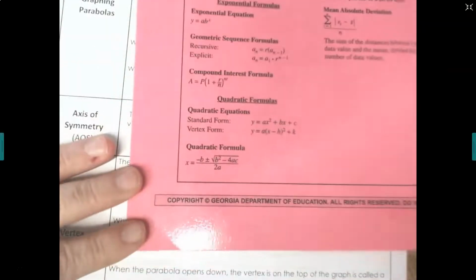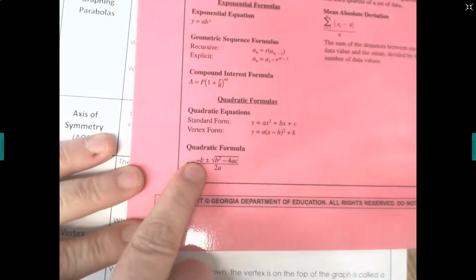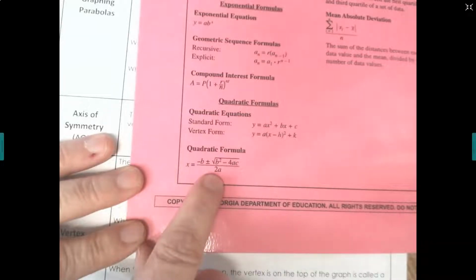Now, does any part of that look familiar? Here we have our formula sheet, and you'll notice right here in our quadratic formula there's a negative b and 2a, so it's part of this quadratic formula that helps us find the x value of the vertex, which is the same as the axis of symmetry.